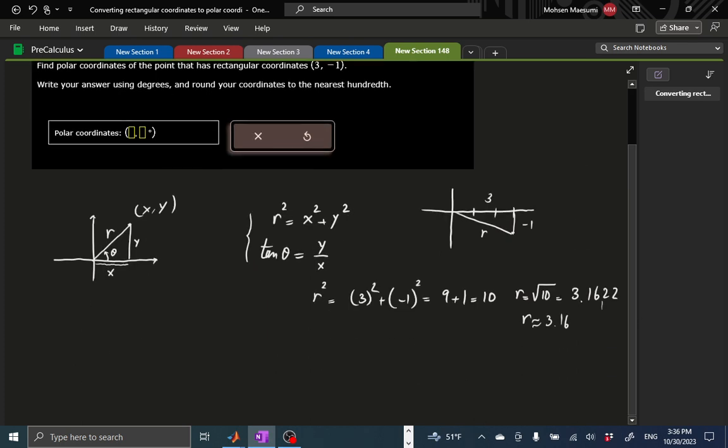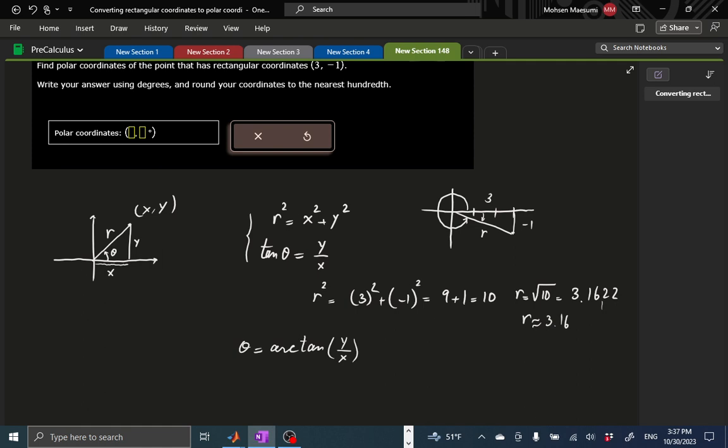With respect to theta, we have several choices. We could go theta this way, or we can come and find the theta that way. So either of these two is going to work. You want to write theta is arctangent of y over x.